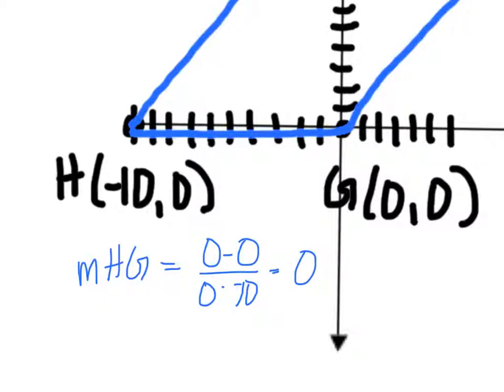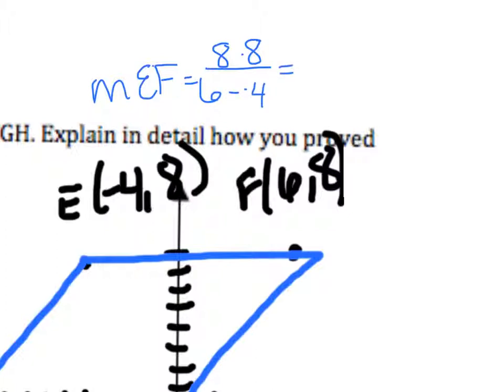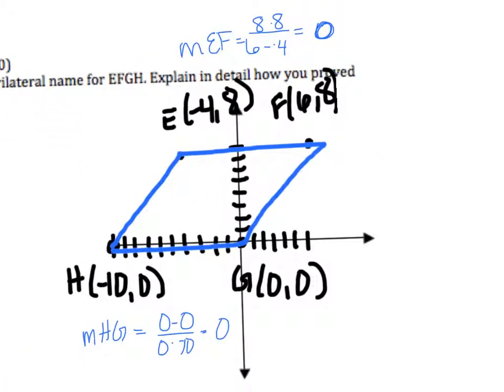And then the slope of EF, that will also equal 0. So since those have the same slopes, that means that EF is parallel to HG. So that's something that I do know. So at least one set of opposite sides are parallel.